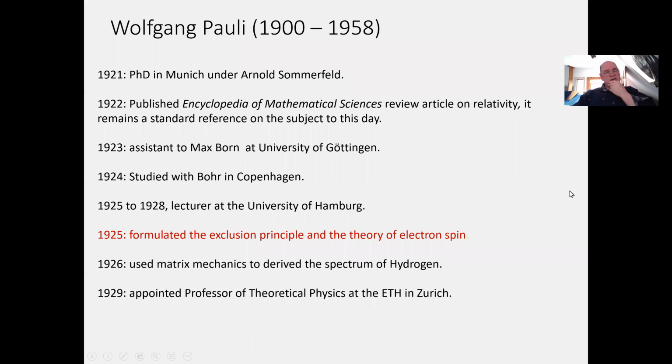And just a little bit about Pauli. Again, you see the Sommerfeld, the Born, the Copenhagen. It's all the same. Okay? And here's one of his great triumphs, to actually formulate the exclusion principle from the theory of electron spin.